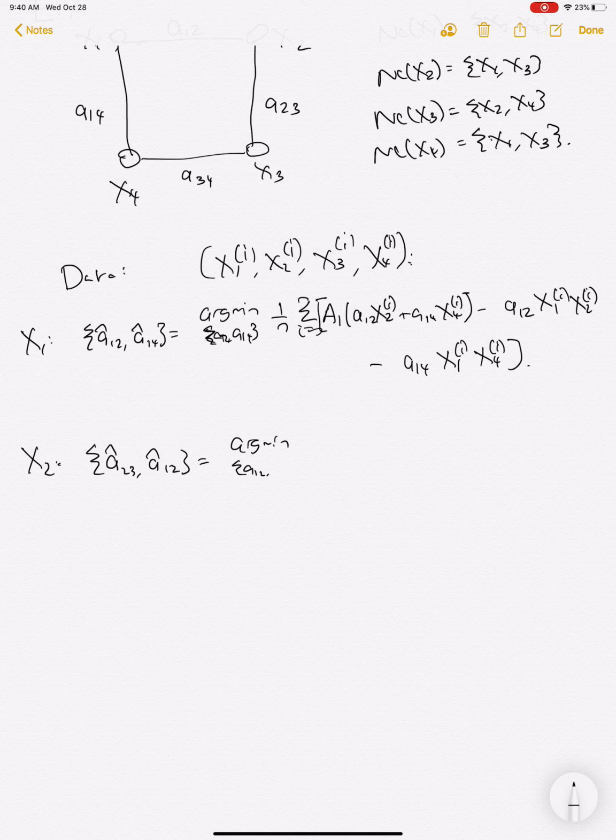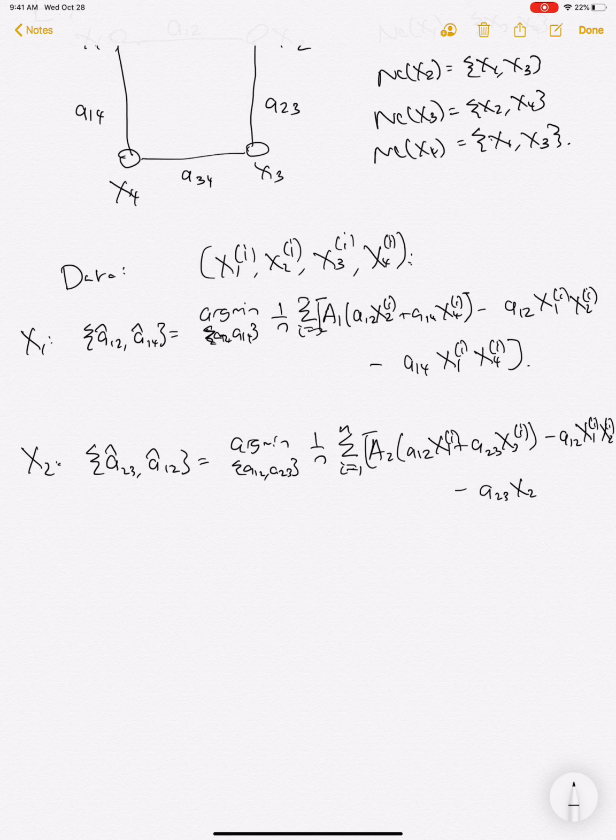Okay, I'll do this one and then I'll stop, because hopefully the pattern is becoming clear. A2 of a1,2 x1i plus a2,3 x3i, and then minus a1,2 x1i x2i, and then minus a2,3 x2i x3i.